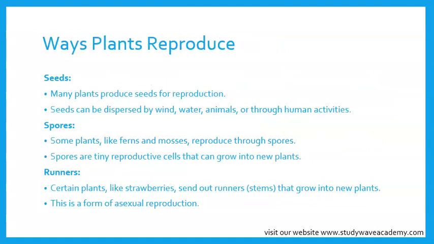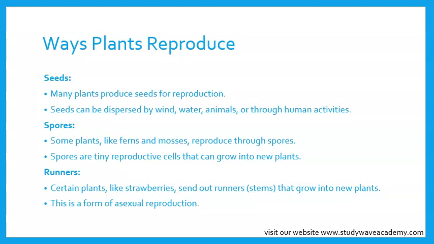So we are going to be looking at ways plants reproduce. Ways plants reproduce. How they make new babies, okay? How they make new plants. Seeds. Many plants produce seeds for reproduction.